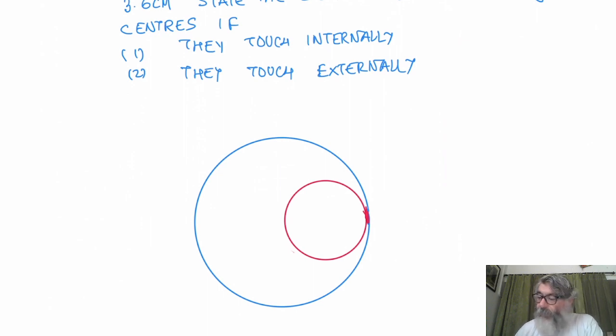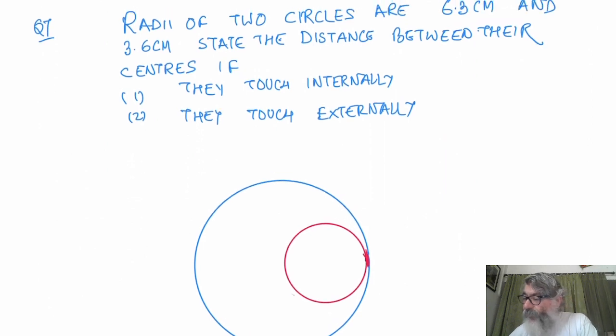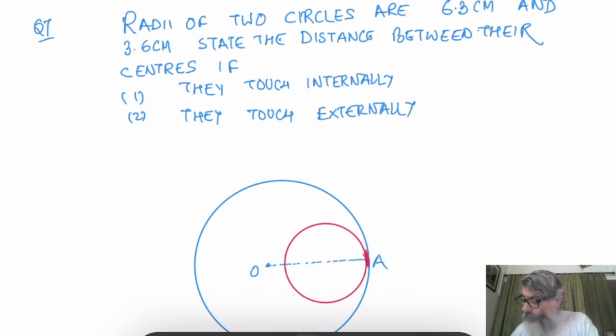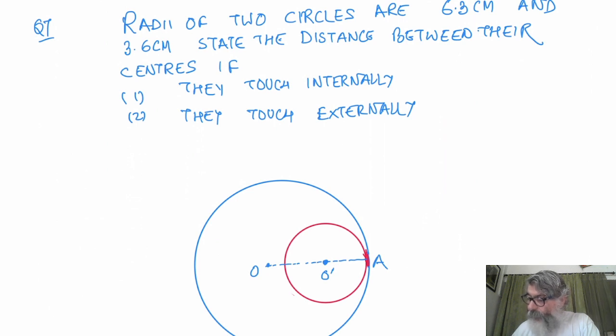Now he says 3.6 and 6.3. The bigger radius is 6.3. Suppose this is the center O. OA is 6.3 centimeter, and obviously if I am joining the point of contact, then O dash will also lie here, and O dash A is 3.6 centimeter.